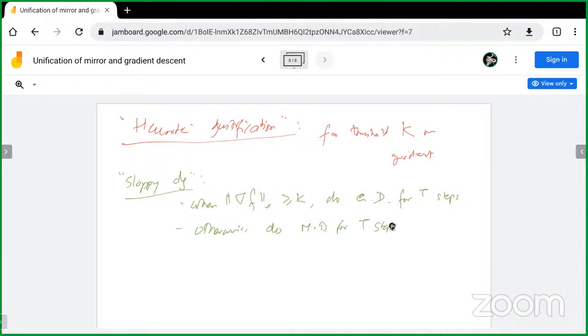And the update is the one which I wrote in the previous slide. So mirror descent, the argument of the Bregman divergence plus the gradient step. This algorithm, which is not written properly, won't work either. But the idea is that this can give you a good rate if it works.